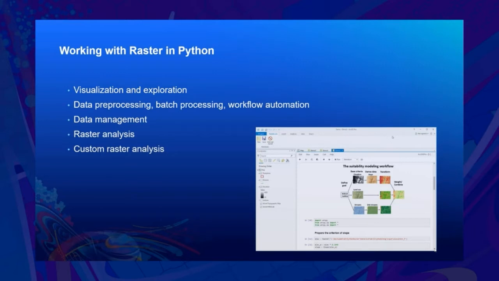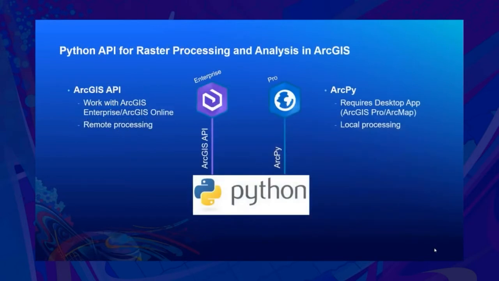So now, with that, let's see what and how you can do it using the Python ecosystem we have in our system. In ArcGIS, we have a rich Python ecosystem. On one side, you have ArcGIS API that works with ArcGIS Enterprise and ArcGIS Online.